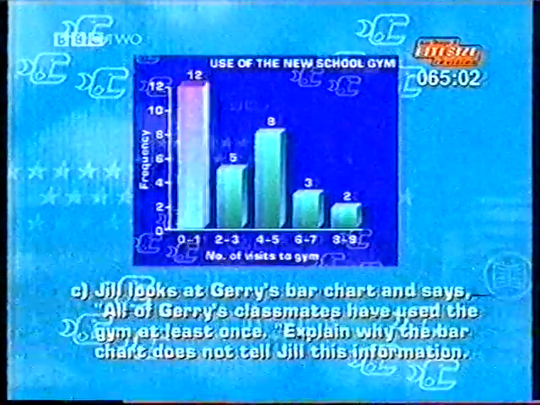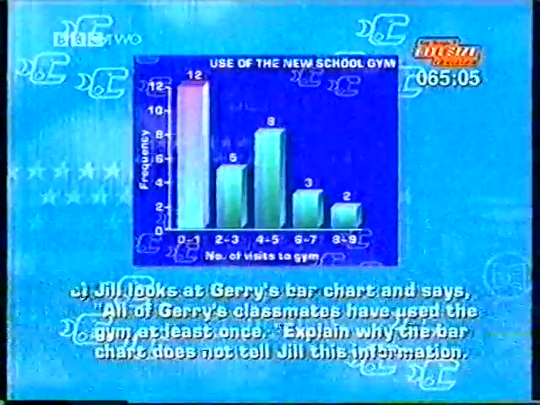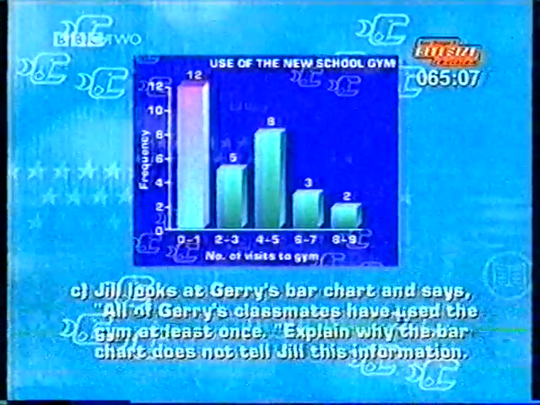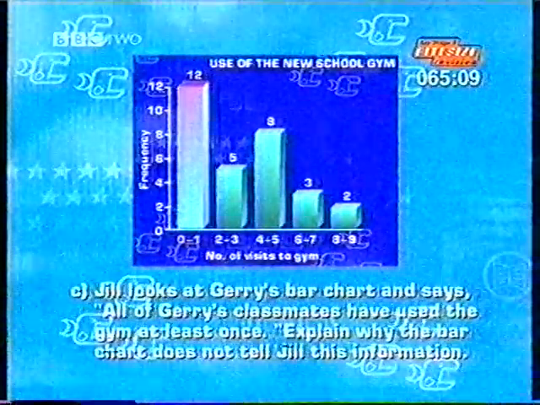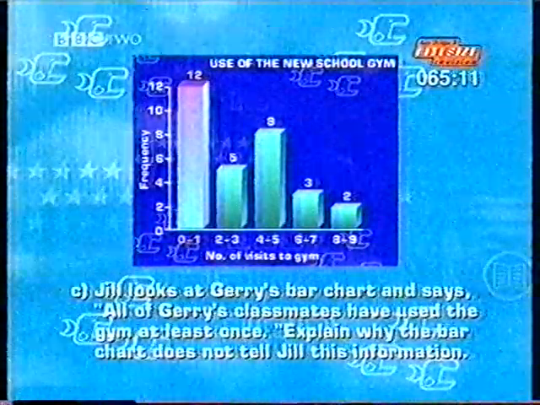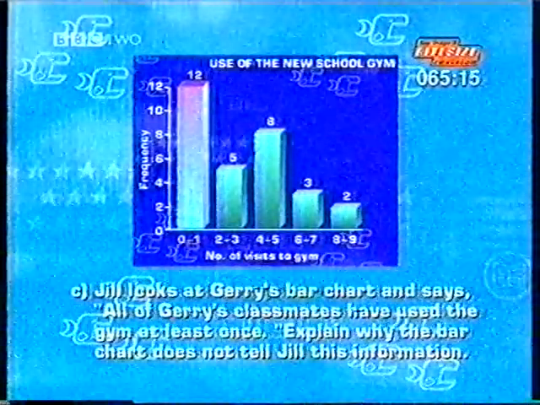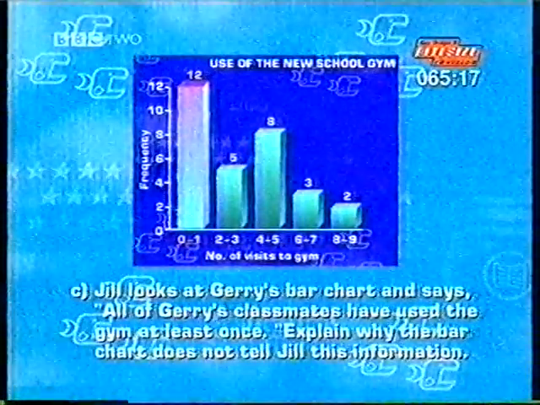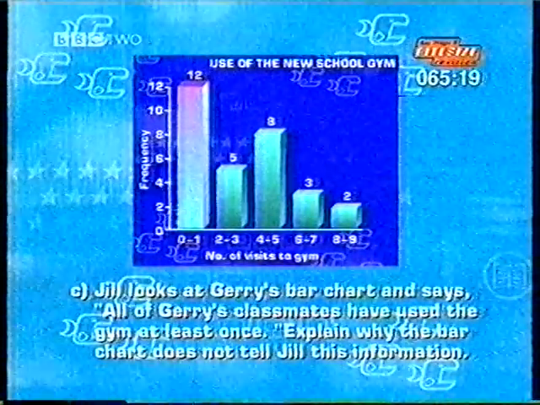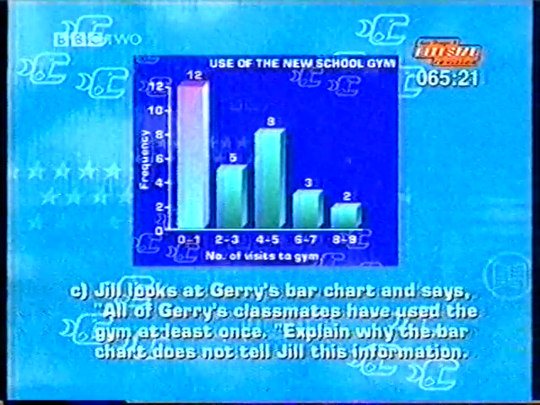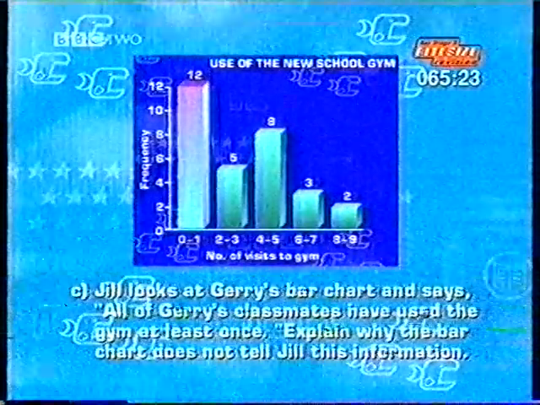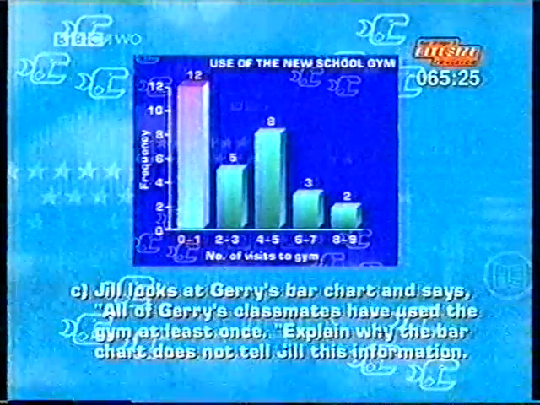But the first bar shows that 12 of Jerry's classmates did not use the gym at all or only used it once. But we cannot tell how many of those 12 used it no times and how many used it exactly once. So Jill could be wrong, since we don't know if all of Jerry's classmates have used the school gym at least once.